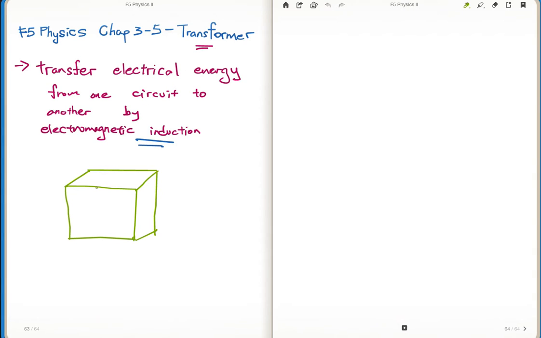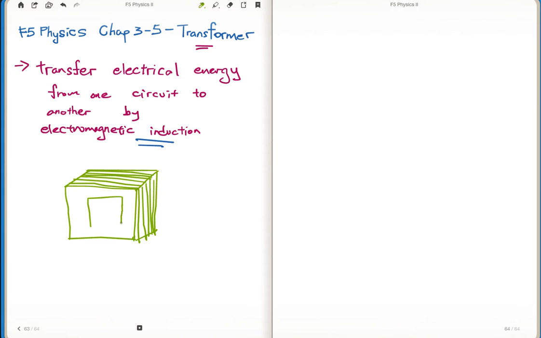The laminated soft iron core is the essence. It's actually in layers, laminated. It's actually a U shape, but for simplicity, I will just draw it as a square.